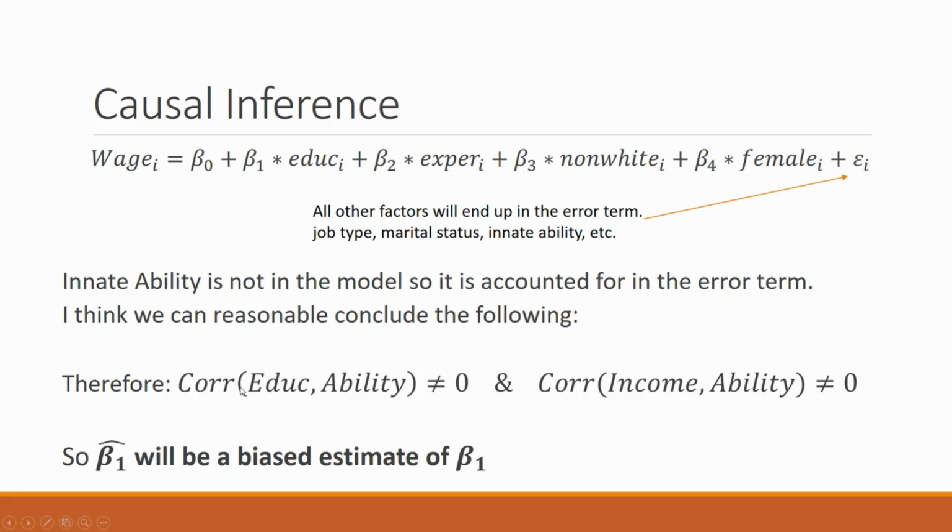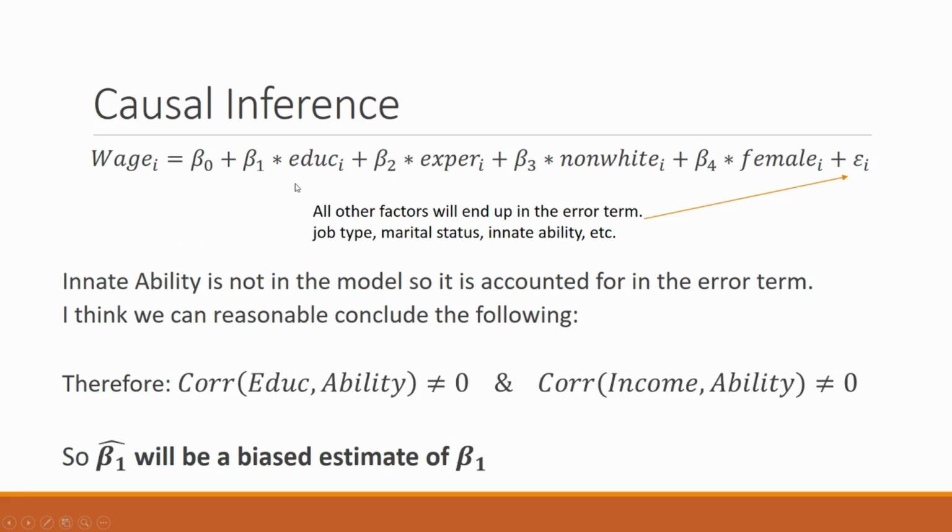Well, one would be that there would need to be correlation between education and ability, right? If education and ability are correlated, that will mean that education is correlated with the error term. And if education is correlated with the error term, then we will violate our conditional mean independence assumption. Okay, so we want to think, is education going to be correlated with ability?